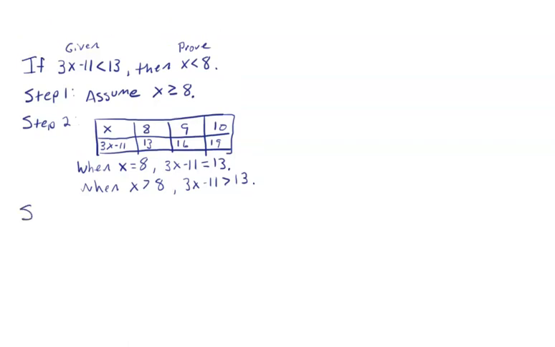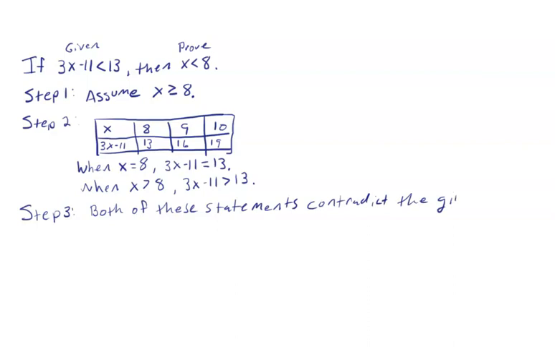In step 3, we are basically going to restate that. So both of these statements contradict the given, that 3x minus 11 must be less than 13.